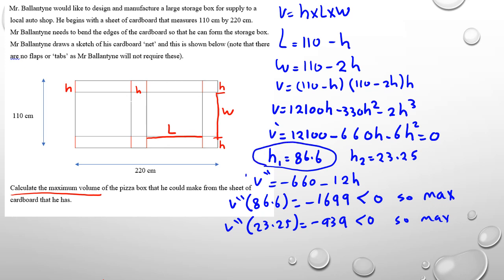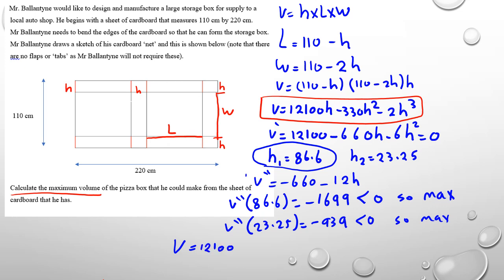Then I will find my volume for that. So I will substitute in the expanded and simplified equation of the volume, instead of calculating length and width separately.